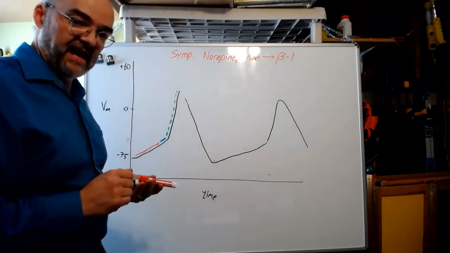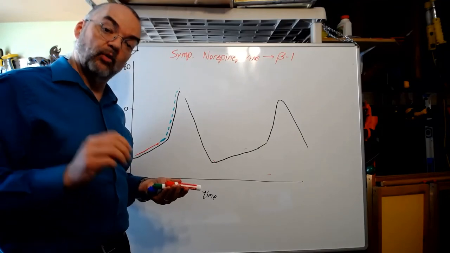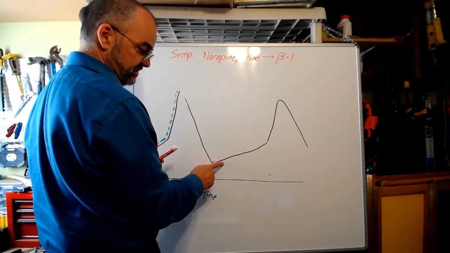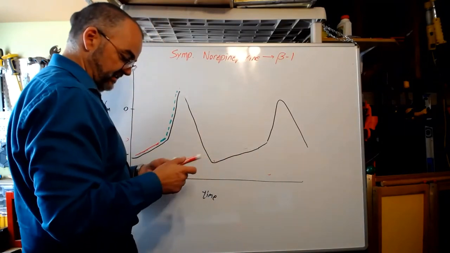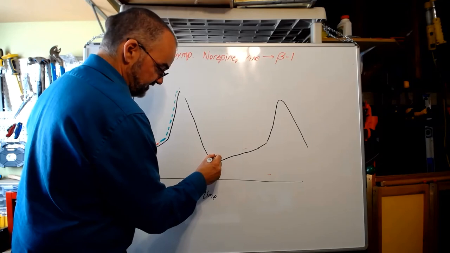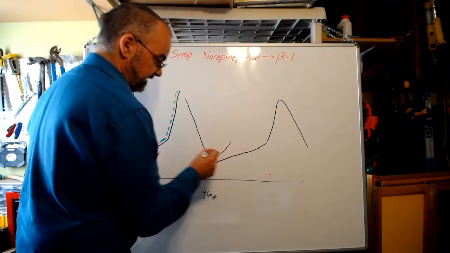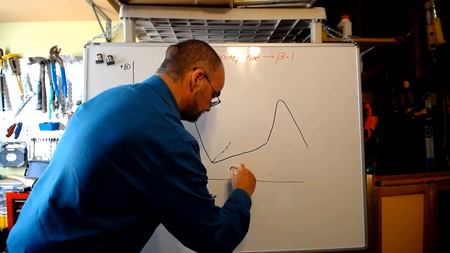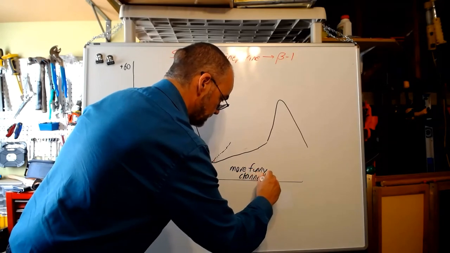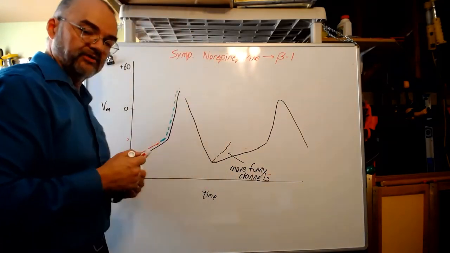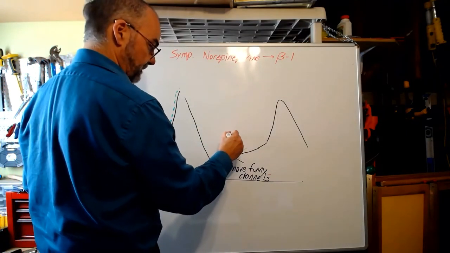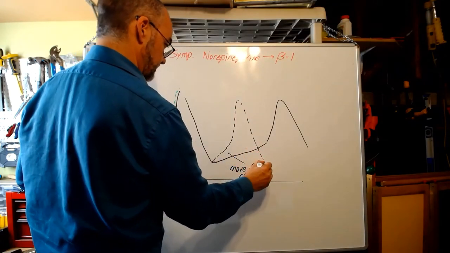When that norepinephrine acts on beta-1 receptors, what those do is act to open more funny channels. So under that influence, rather than this relatively slow depolarization back toward threshold, instead, under sympathetic input, I'll depolarize faster because I've got more funny channels open. So activating the beta-1 receptors causes us to open more funny channels, which brings us up to threshold faster, which means I start my next action potential that much faster.